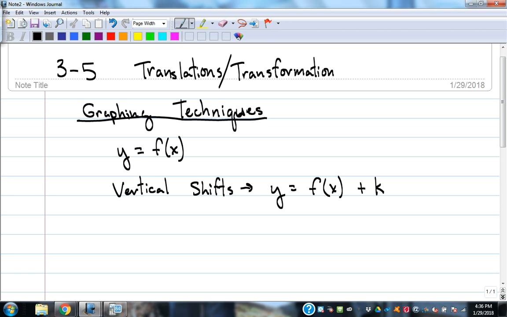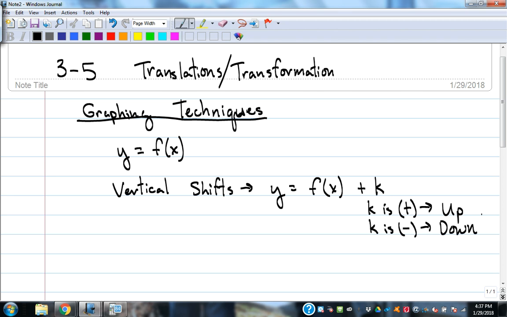If k is positive, what's going to happen to it? It's going to go up. If k is a plus sign, we're shifting up. If k is negative, guess where we're going? Down.